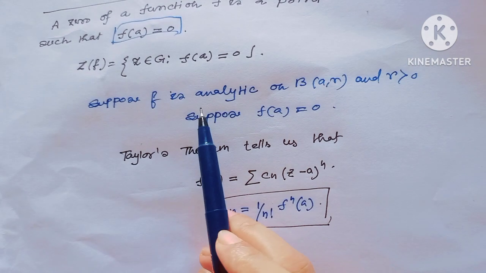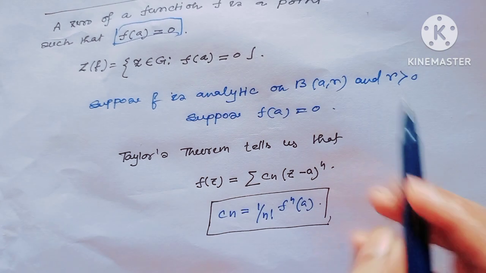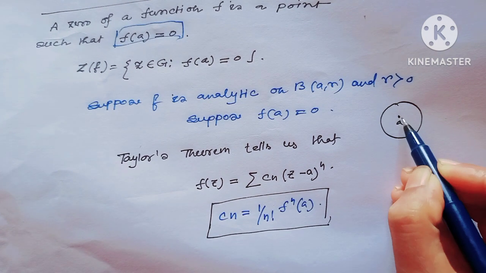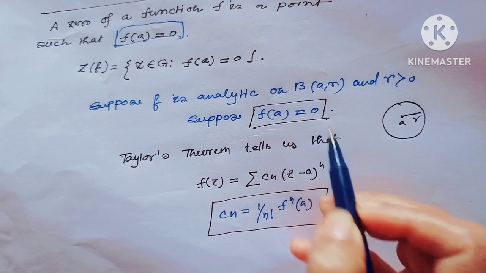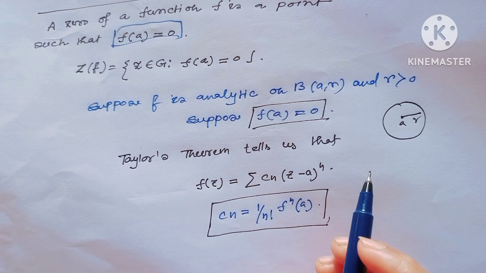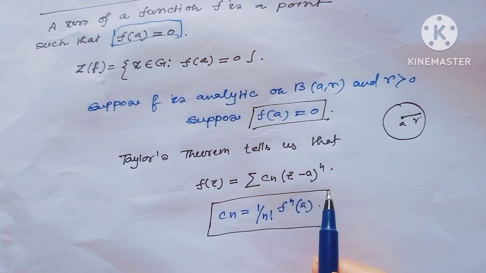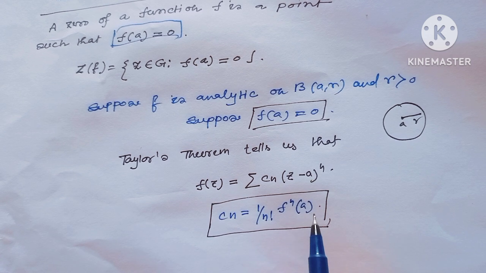The idea is, suppose f is analytic on the neighborhood B(a; R), and suppose f(a) = 0. Then by Taylor's theorem we can say f(z) = sum of c_n (z - a)^n, where c_n = 1/n! f^(n)(a).